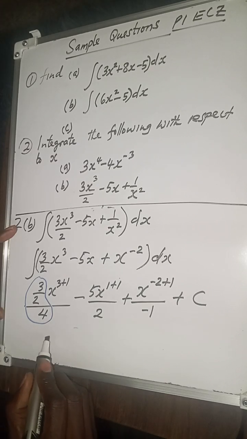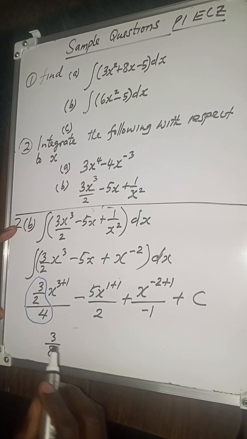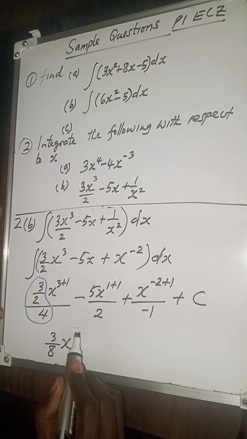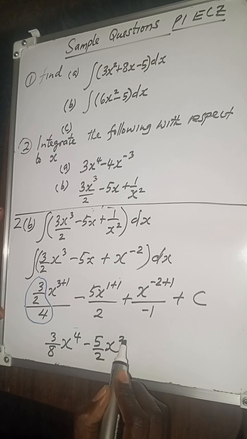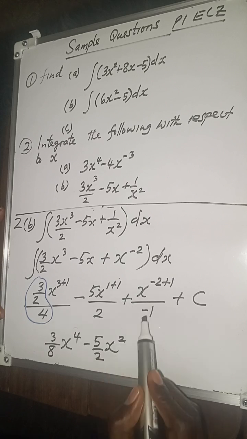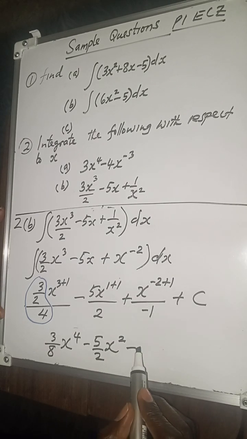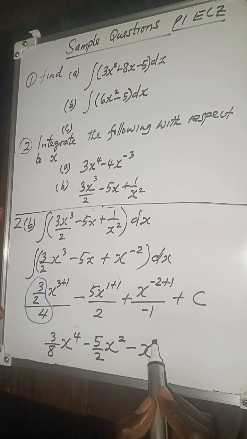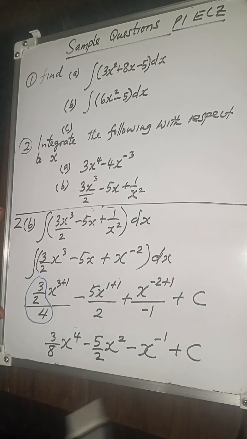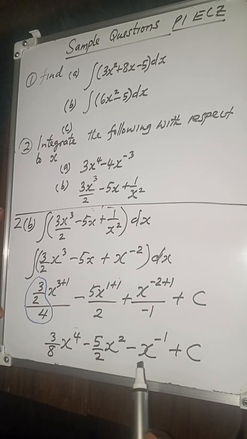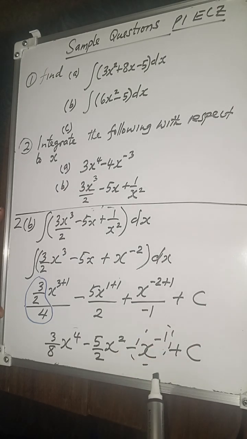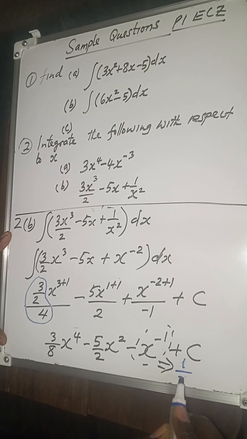So this is going to be 3 over 8 x to the power 4 minus 5 over 2 x to the power 2. Then positive and negative is a negative there, so it will be x to the power minus 1 plus c. Yeah, that's what we mean. So this is the expression that you have. But if you want, this one here can actually be written as 1 over x.